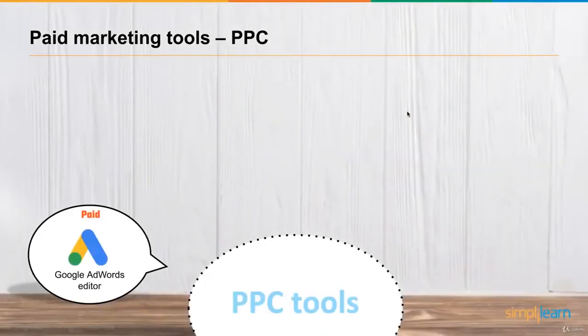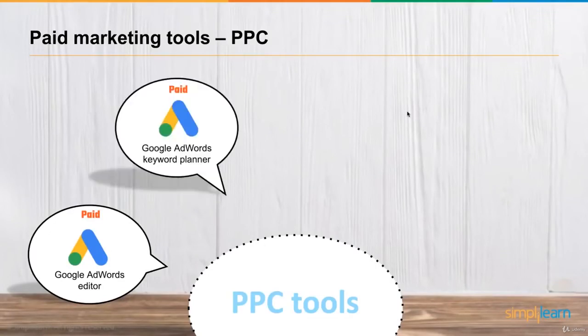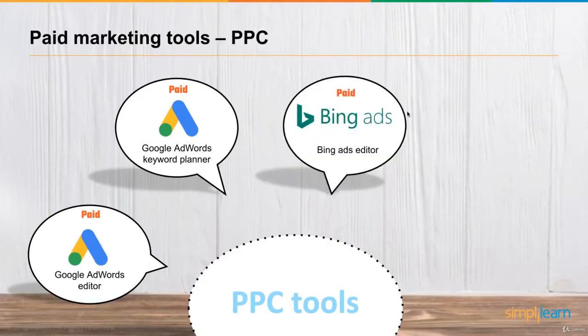Here are some of the tools, some of the places you can go. Of course, if you work in Google Ads, you also have Google Ads Editor that you can leverage, and I'll show you that in a couple minutes. You have Google Ads Keyword Planner. Of course, both of these are paid if you're running campaigns. If you're running campaigns on Bing, you get all this good data that you can digest through some reporting.